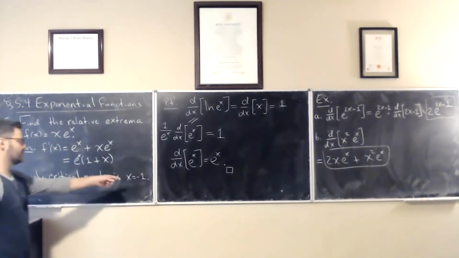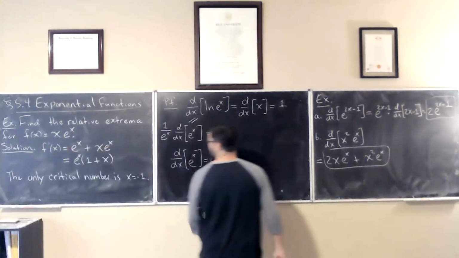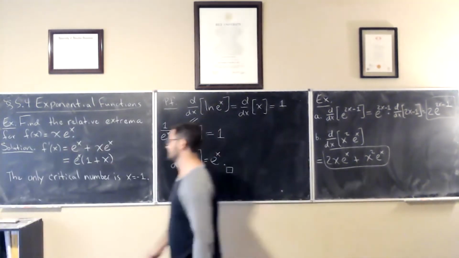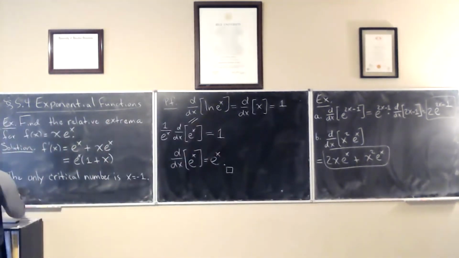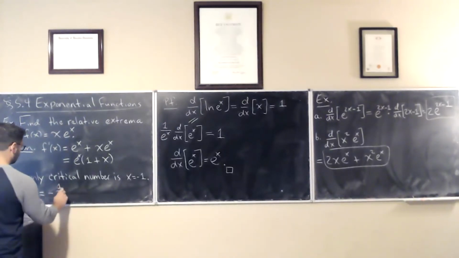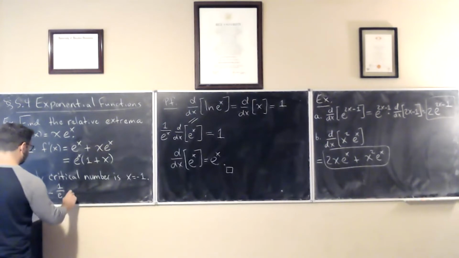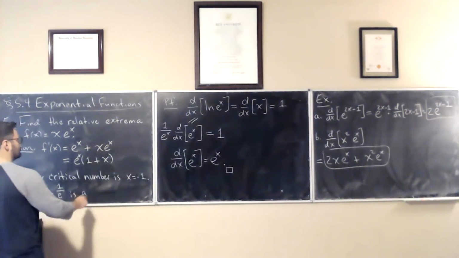So f evaluated at that -1 is a relative extrema, whatever that value is. So f(-1) equals -1 over e is a relative extrema.